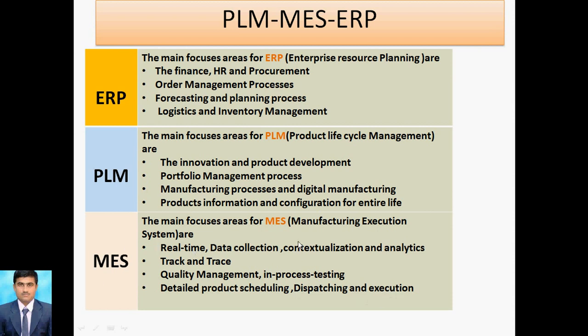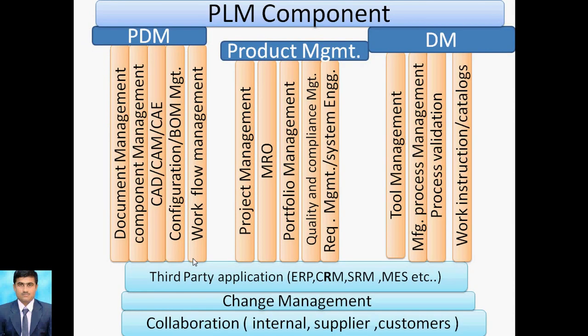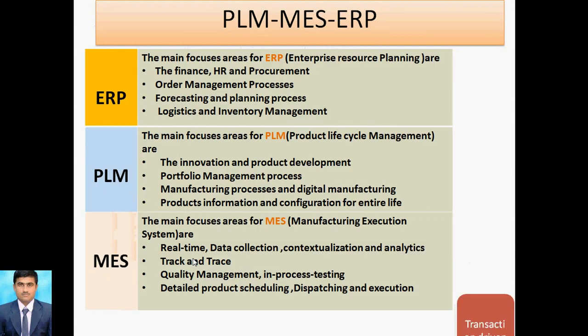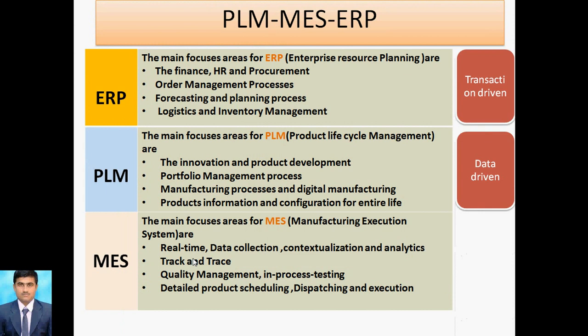So this is all about manufacturing execution systems. Execution is important for the system. If you consider ERP, it is transaction driven, PLM is data driven, and the last one is event driven. So these tools will help to construct those focus areas.